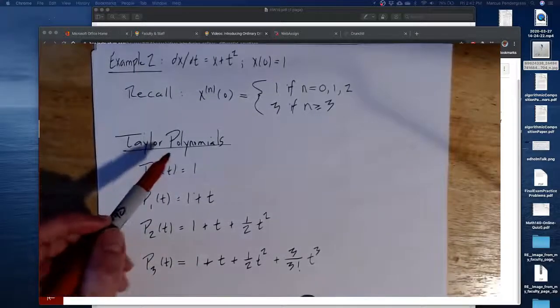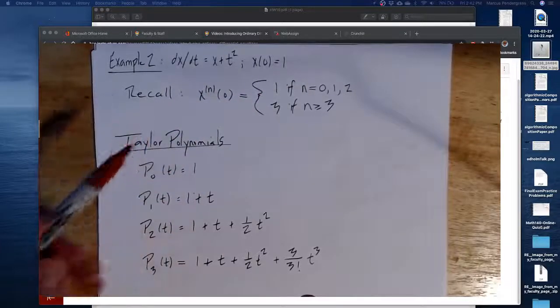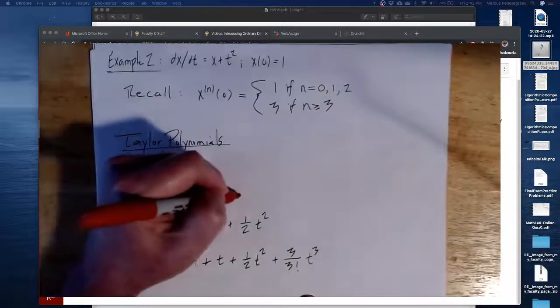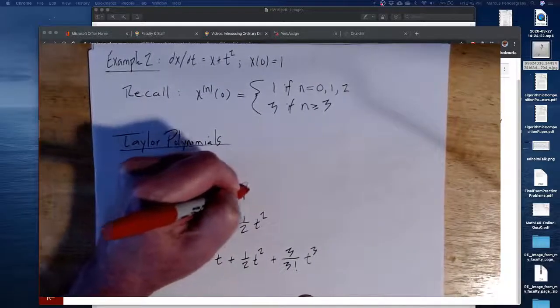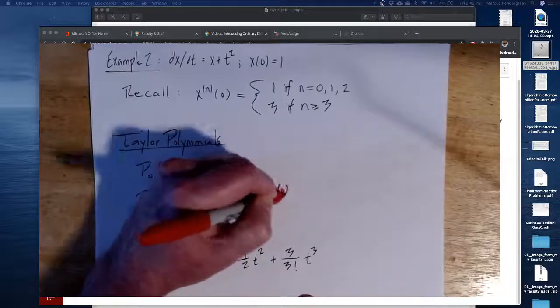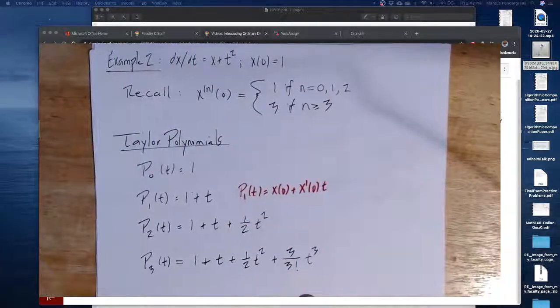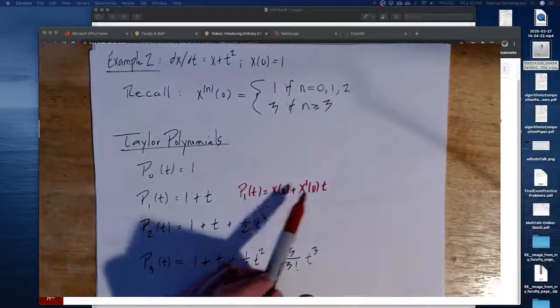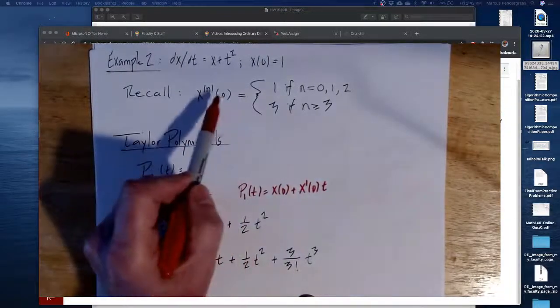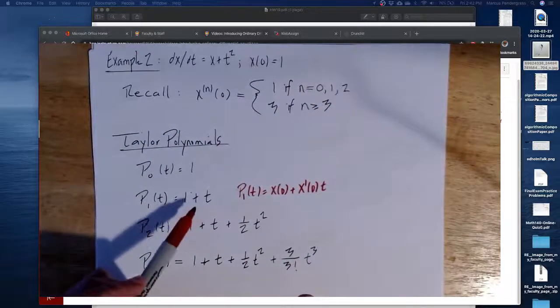P0 of t would just be x sub 0 of 0, which is 1. P1 of t, remember P1 in general, would be x of 0 plus x prime of 0 times t. And we know that both x of 0 and x prime of 0 are 1 from our previous work, and so we just get 1 plus t.